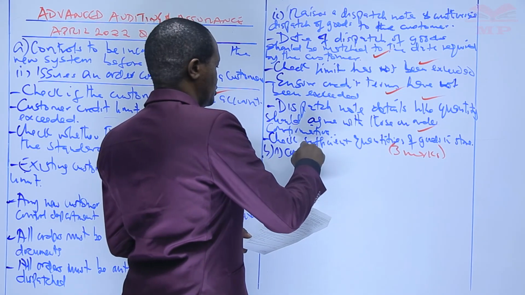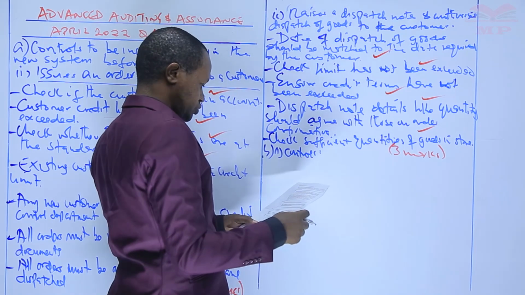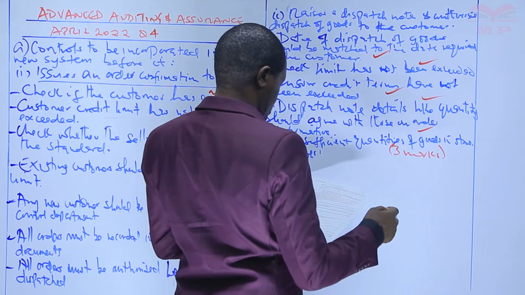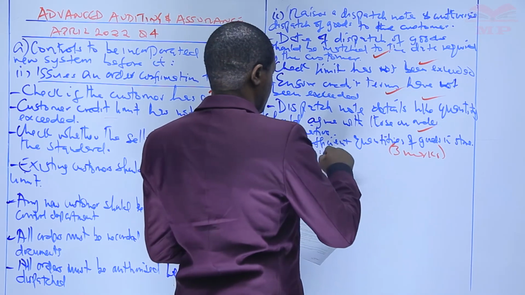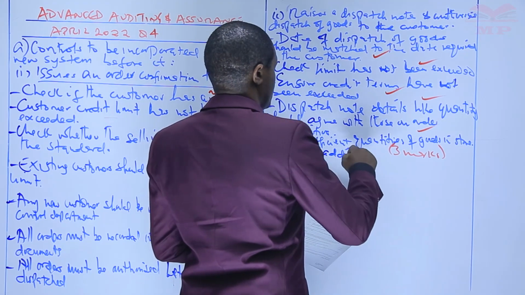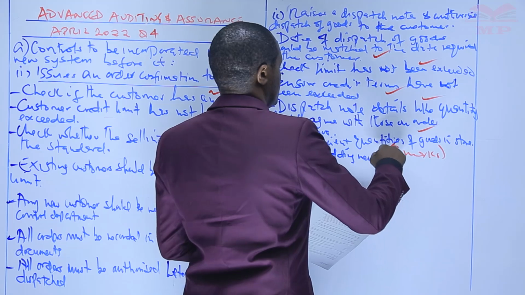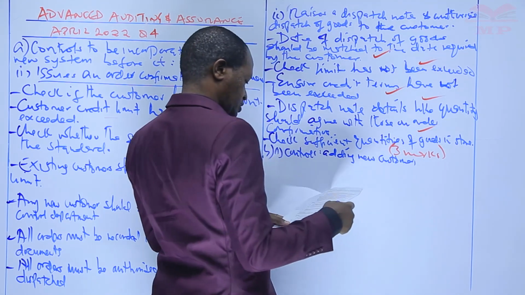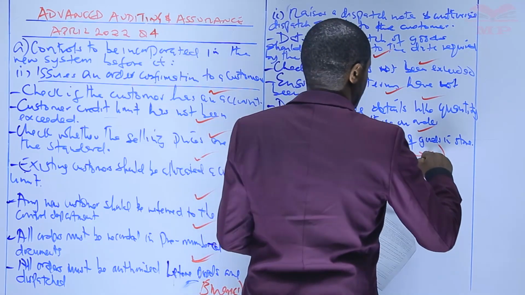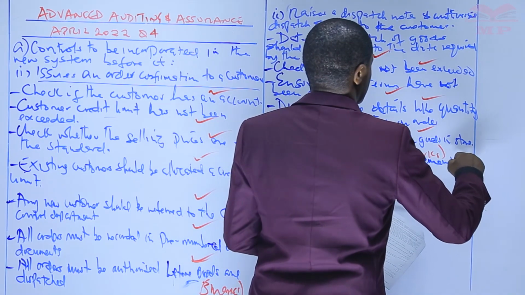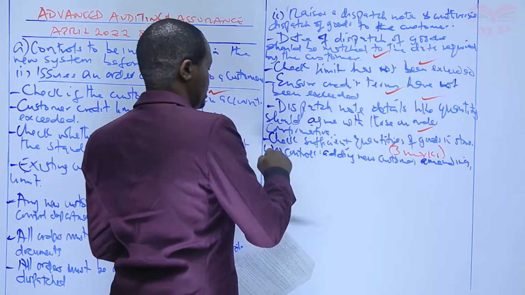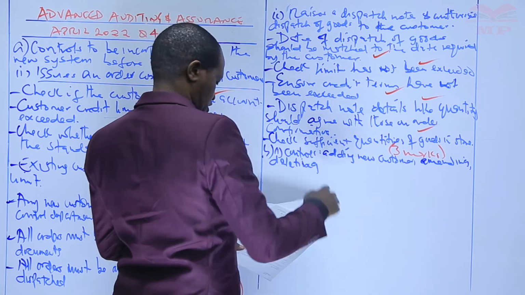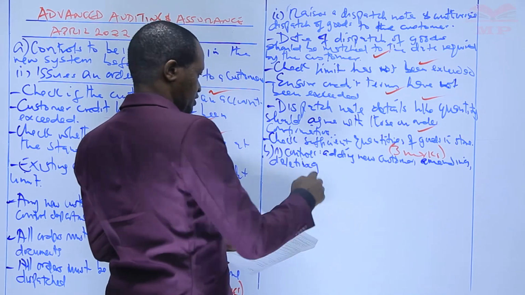These are controls in relation to adding new customers, amending their details, and deleting customers.